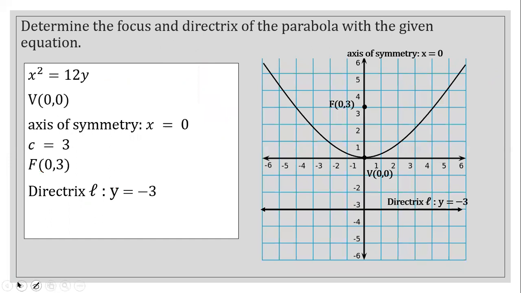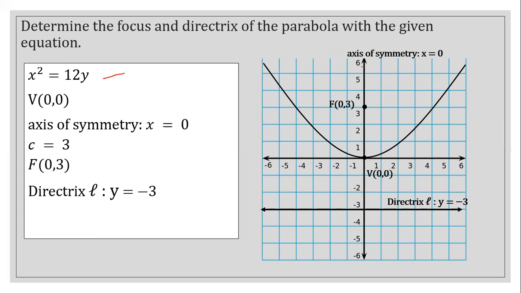Okay, here is the graph of our example: x squared is equal to 12y. Our vertex is at (0, 0). Since the equation is positive, it is opening upward.